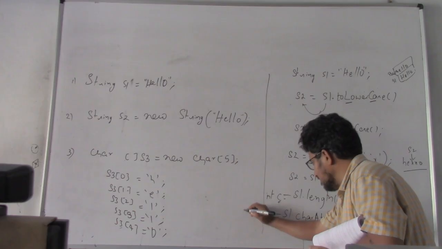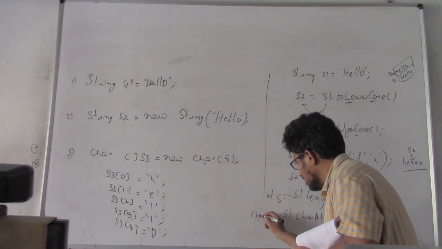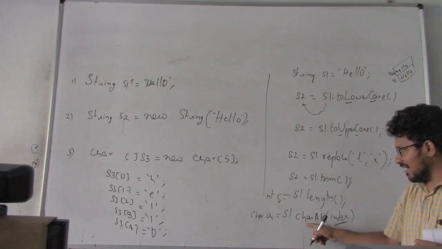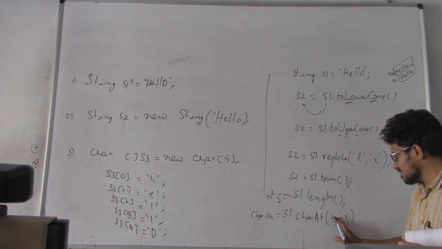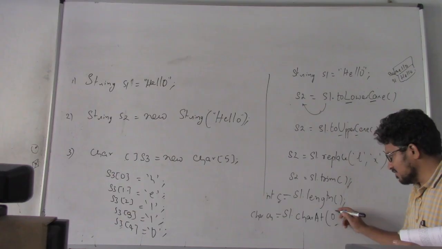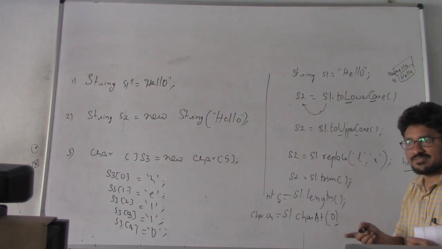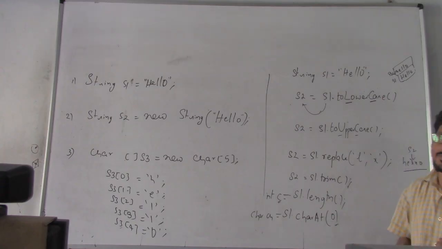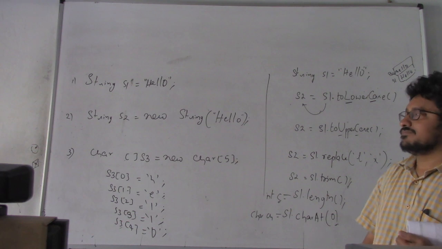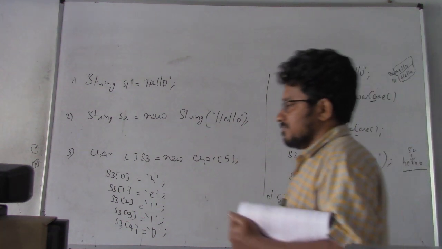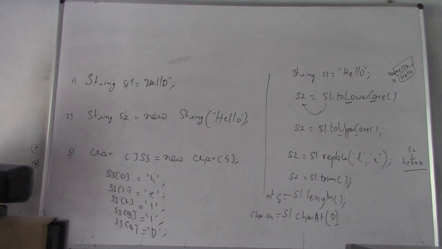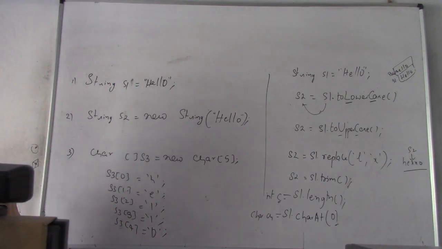So what will it return? The character at that particular index. For example, the 0th index is the character H. Understood? But S1 always remains the same. I can't modify it, I am simply taking it. Please note this.